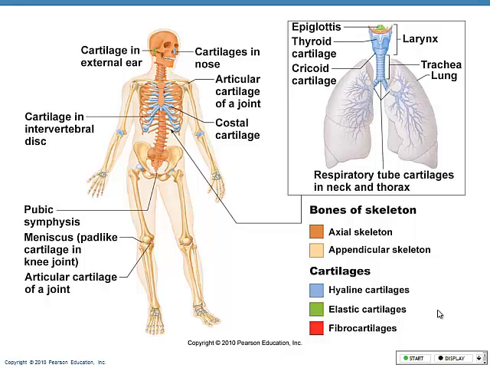The other one they describe is something called fibrocartilage. Now fibrocartilage is what? Yeah, it's got a lot more what in it? Fibers, exactly. And we find it in places where we want a little bit of movement but not a lot of movement. So places like the pubic symphysis that holds your two coxal bones together to create your hip bones.